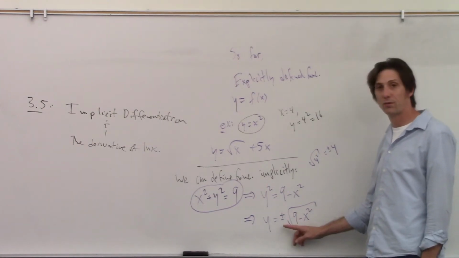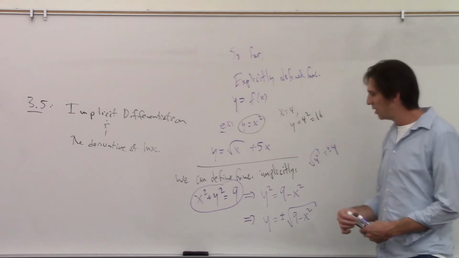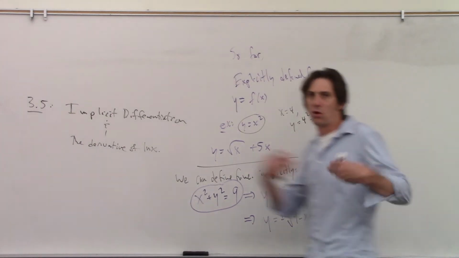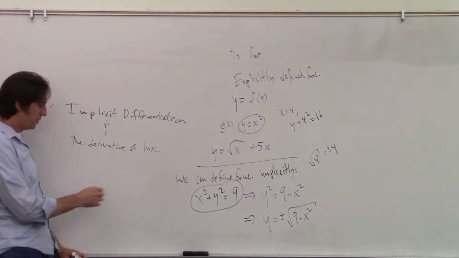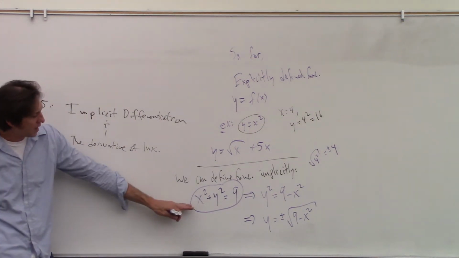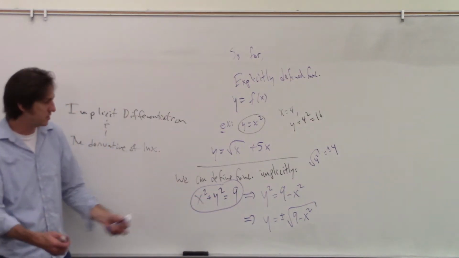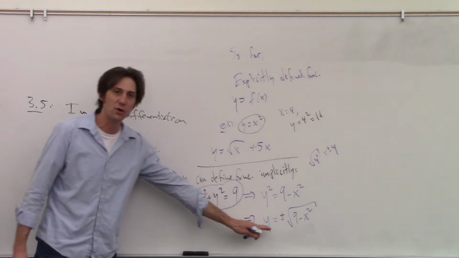One for the plus, one for the minus. The situation can get a lot more complicated. The x squared plus y squared equals 9 isn't all that difficult to deal with. It's not that difficult to solve for y.